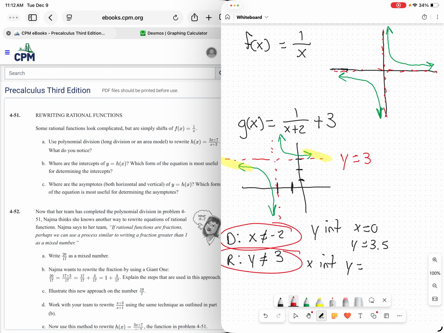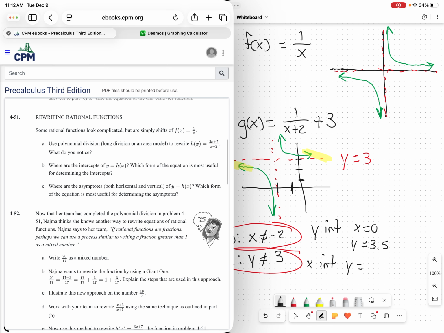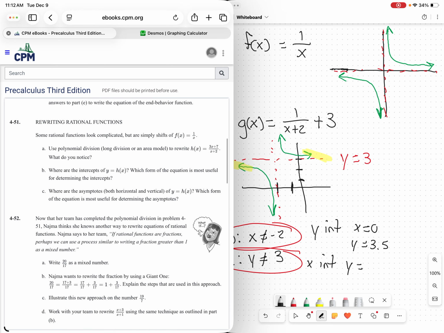Okay, so let's go on here. Number 51. Some rational functions can look complicated, but are simply shifts or transformations of 1 over x. So we're going to use polynomial long division to rewrite this function. Okay, I can't get it to zoom in here. And then what do we notice?